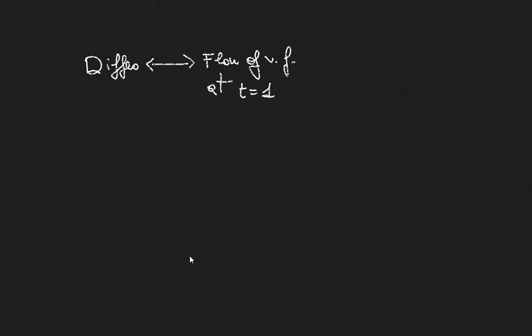You relate the diffeomorphism with the flow of a vector field at t equal 1. Then you discretize the vector field.